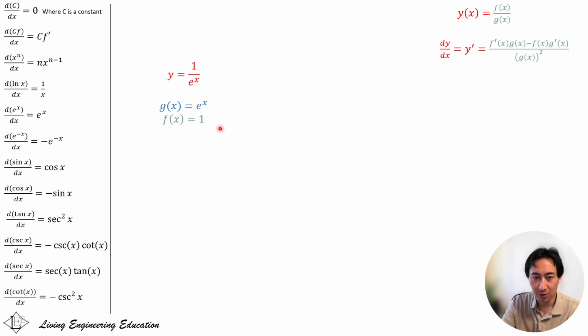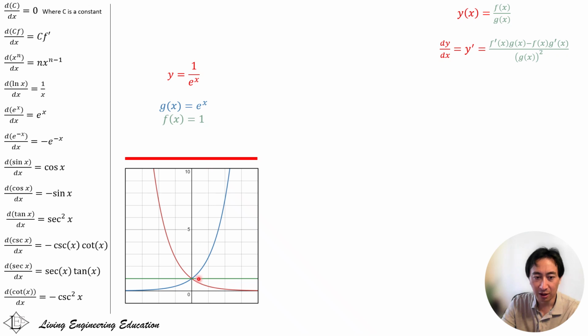All right, so if I graph these, I have 1 over e to the x in red here, basically mirrored across the y-axis, e to the x in blue, exponential growth, and then the constant 1. So then if I take the derivative, e to the x is just e to the x, derivative of 1 is 0, right?